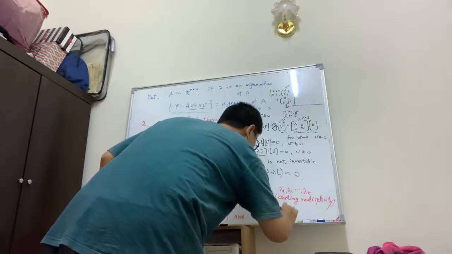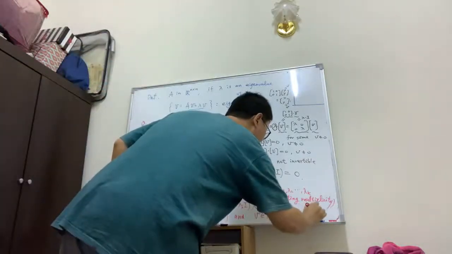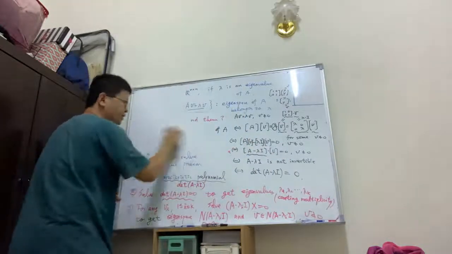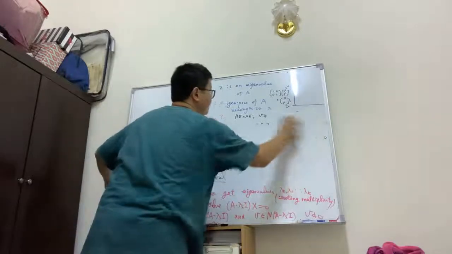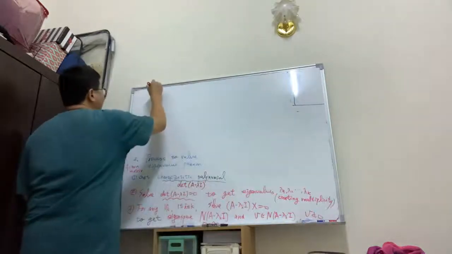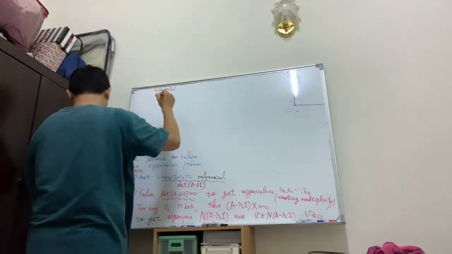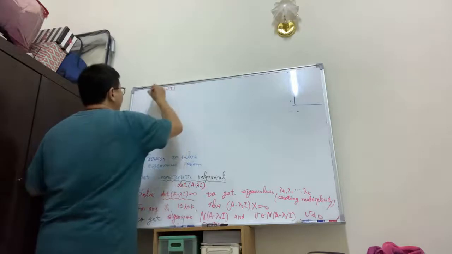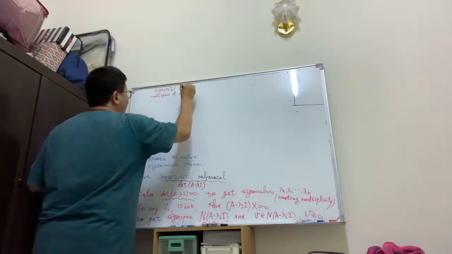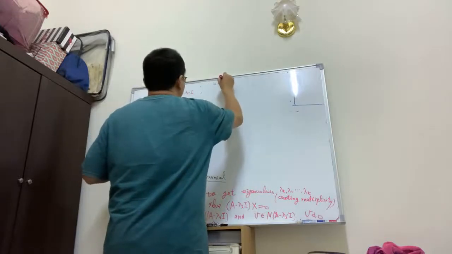I will give you an example. Here v is non-zero. The null space of A subtract lambda I is the solution set. It's called the null space of A subtract lambda I; it's just the notation, so I remind you again.